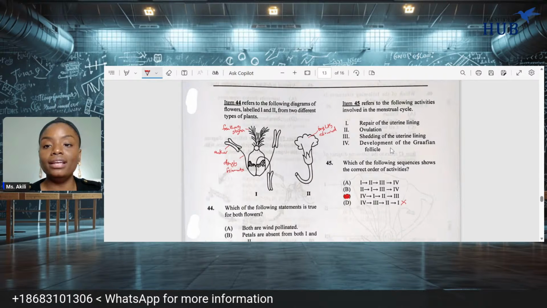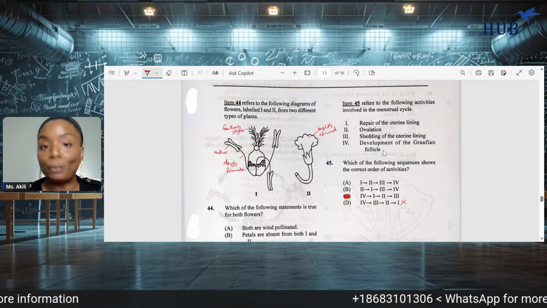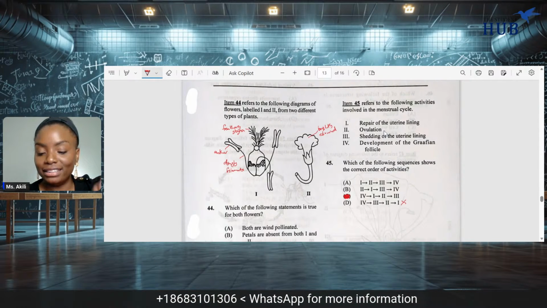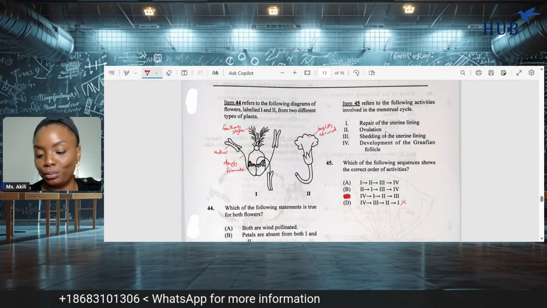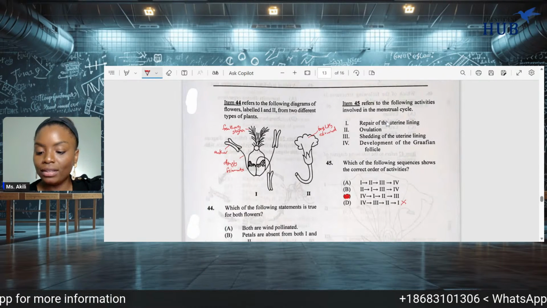Then you have the surge of luteinizing hormone, which triggers the rupturing of the Graafian follicle, releasing the gamete, the secondary oocyte, into the fallopian tube, which brings us to 2. So we went from 4 to 1, then to 2.